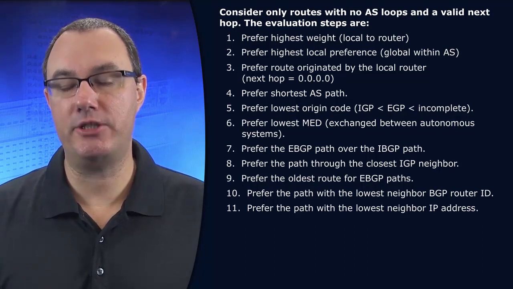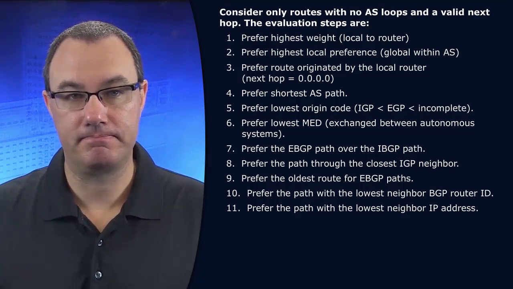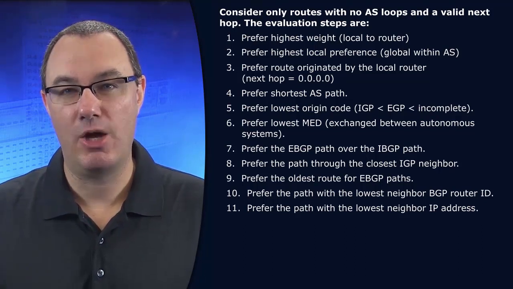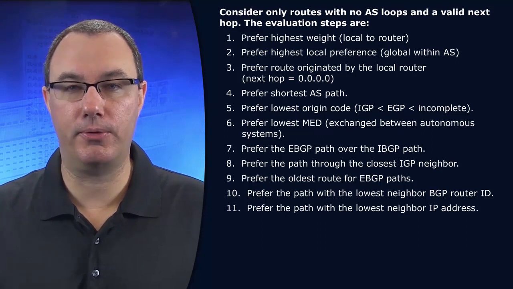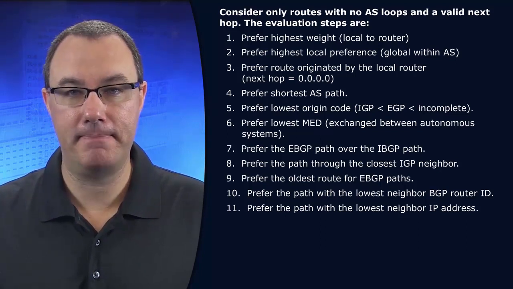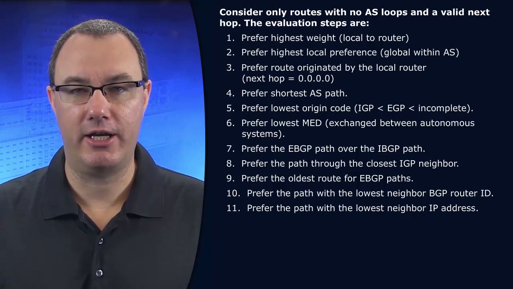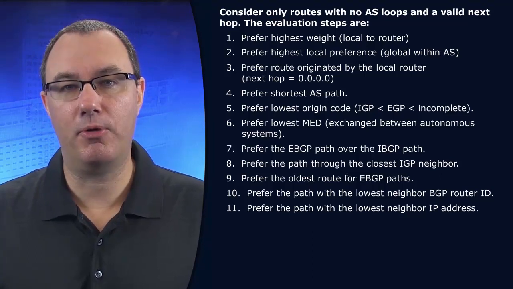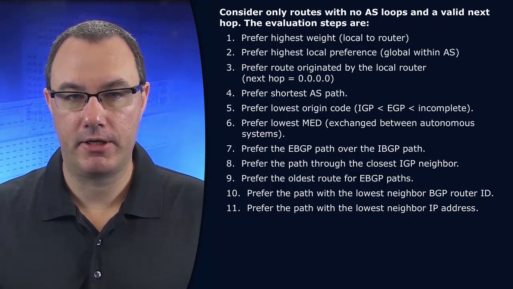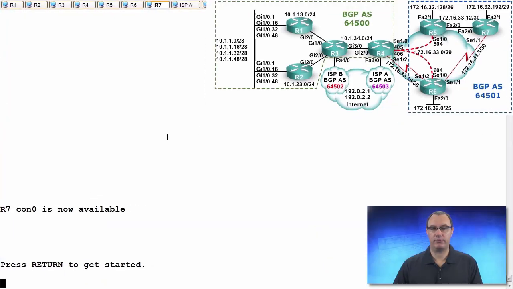If we know the BGP selection criteria shown on screen here, we can then start to look at our own routers that are running BGP and start to read things and gain a deeper insight into BGP. Let's review this.